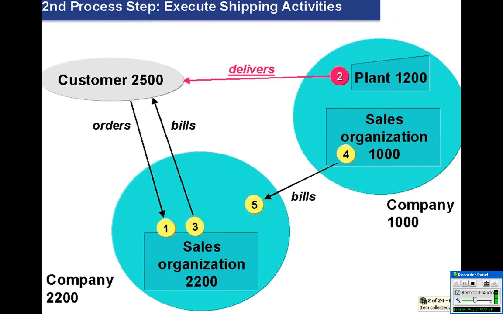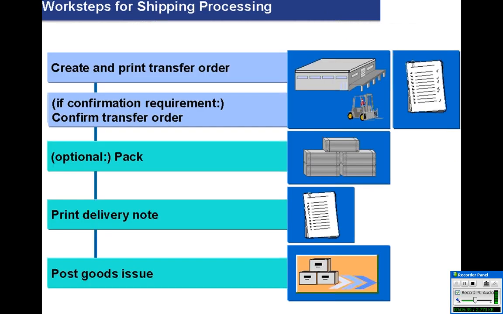The second step, plant 1200 will deliver the items to customer 2500 based on its own arrangements like shipping points, transportation and route determination. So these are the steps for the shipping process. In case it is warehouse relevant, we create a transfer order, otherwise in the delivery document directly we say go and pick the items.